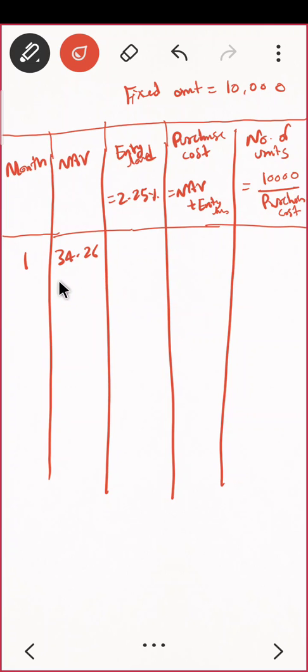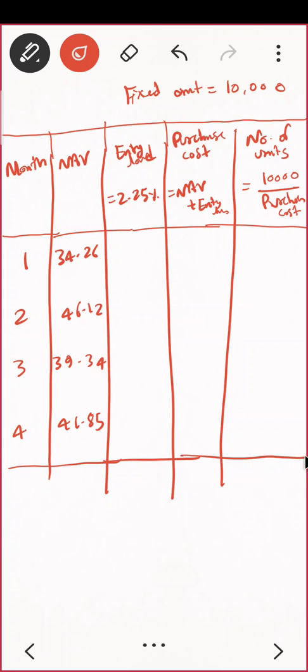So for the first month he has this, for the second month 46.12, for the third month 39.34, for the fourth month he is putting 41.85 rupees. In the last you want to calculate the total of the price and of the number of units.